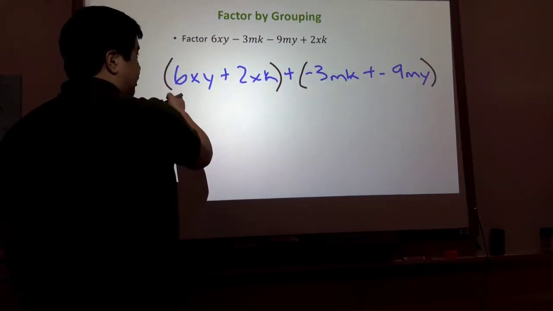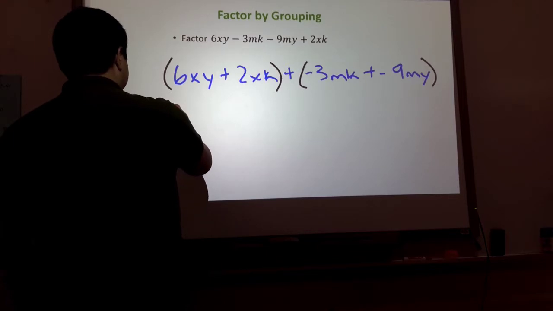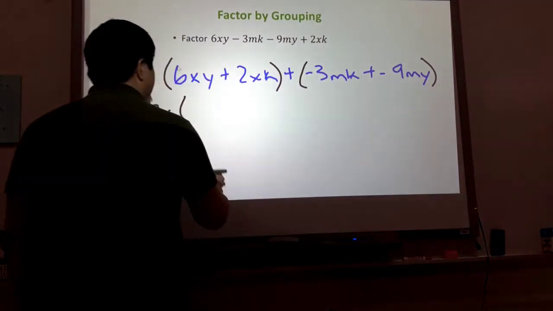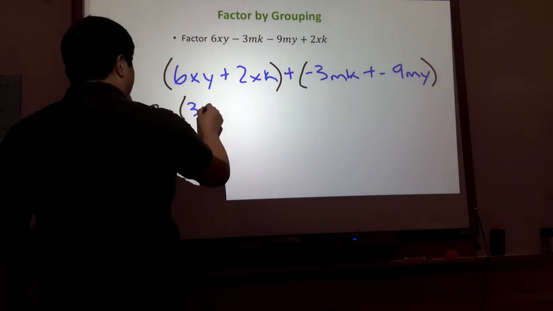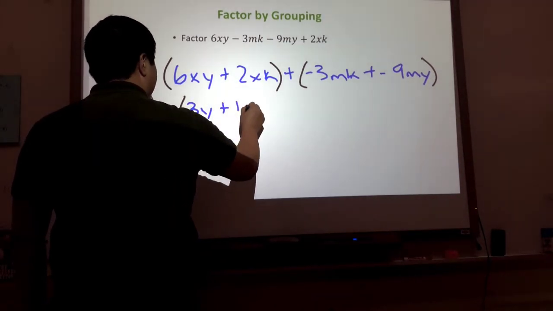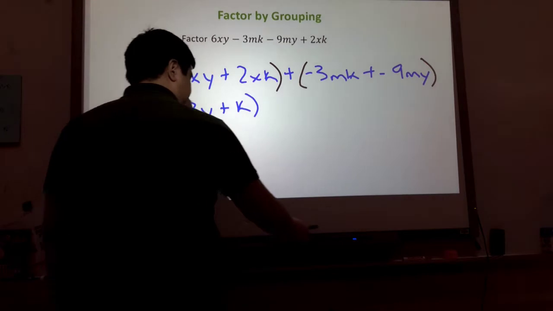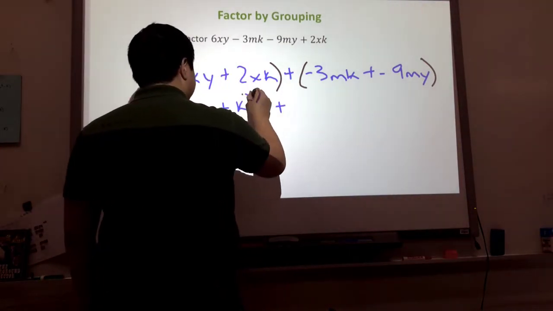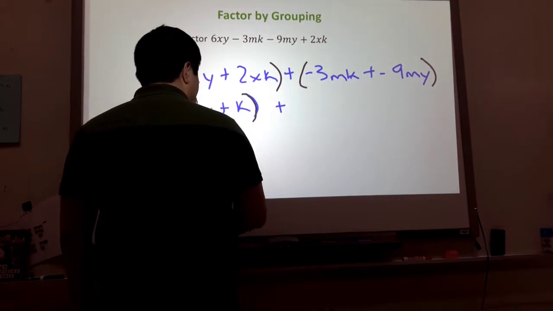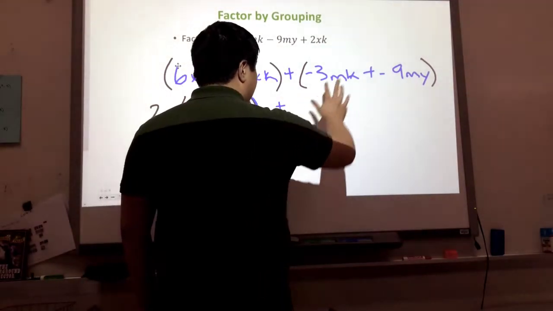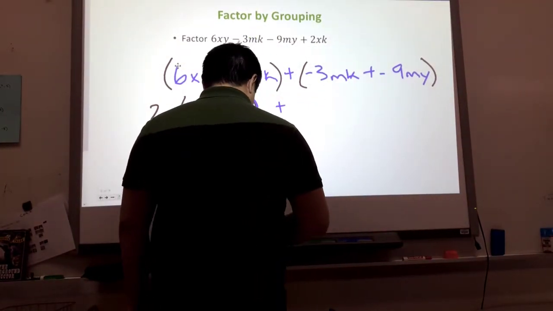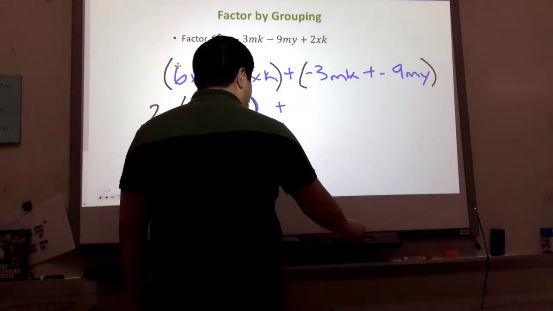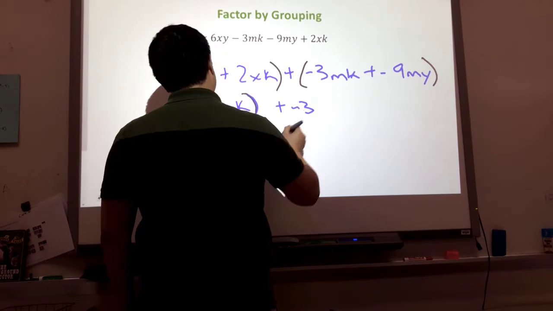Here we can factor out a 2x, which gets us 3y plus k. And then we keep the addition sign in between, creating our new term. Over here we can factor out a negative 3. So we do that, we get negative 3 on the outside.